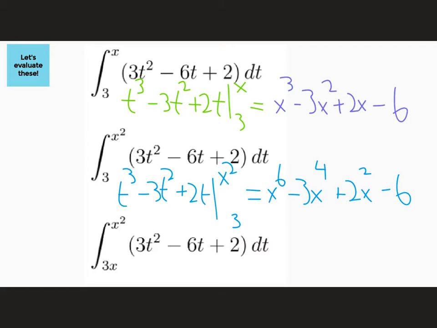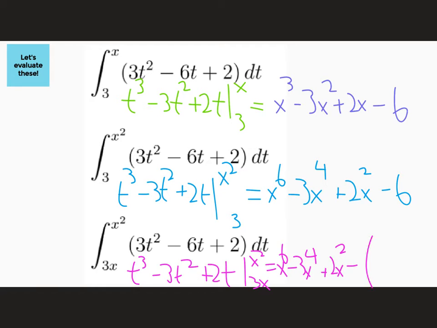And then same thing, t cubed minus 3t squared plus 2t from 3x to x squared. So that's going to be x to the 6th minus 3x to the 4th plus 2x squared minus, I've got to think now, 3x cubed minus 3 times 3x squared minus, not plus, 2 times 3x, so 6x.